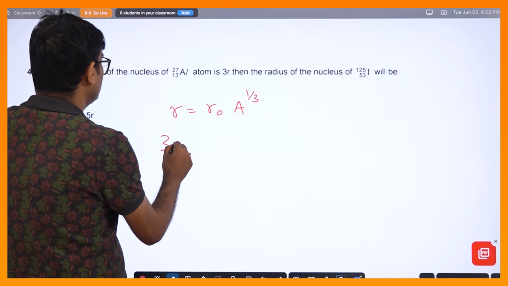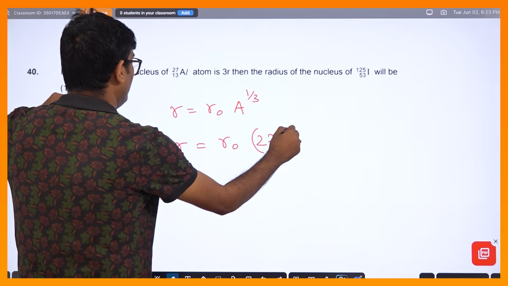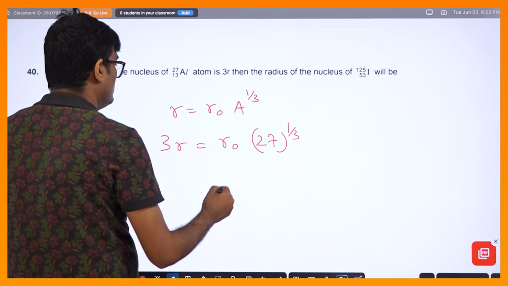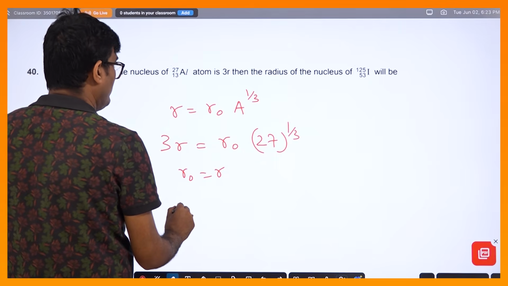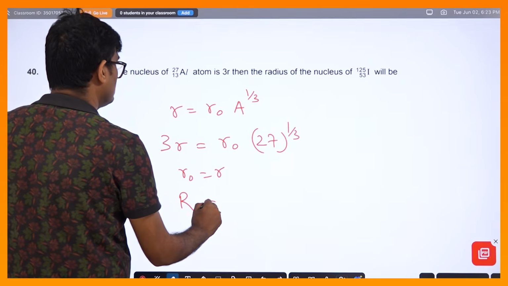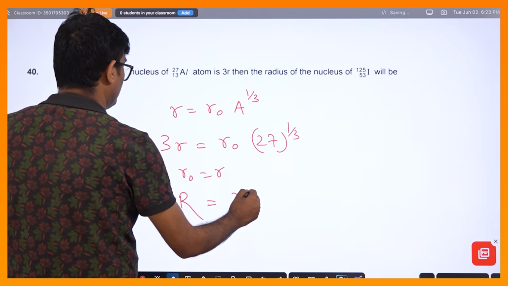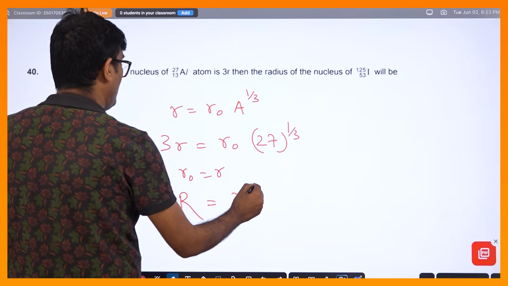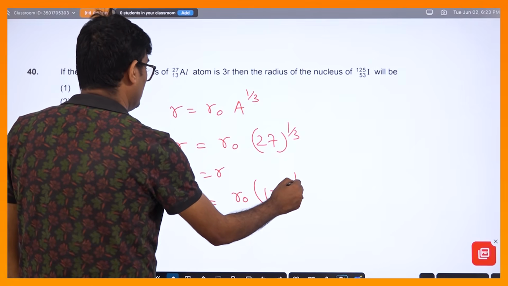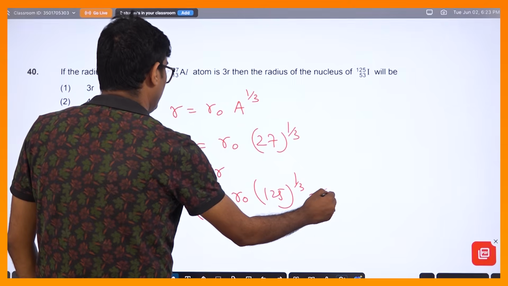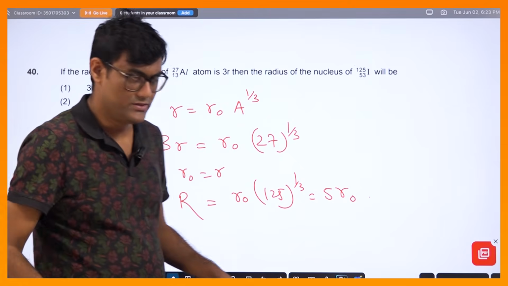So if this is 3r equals r naught into 27 to the power 1 by 3, then r naught equals r. In that case, what is 125? It is r naught into 125 to the power 1/3. So that is 5 r naught, which means 5r. That is the correct answer for this question.